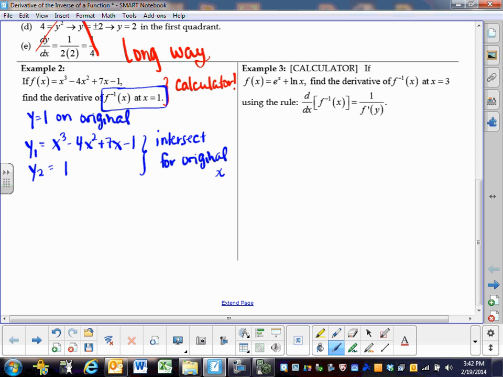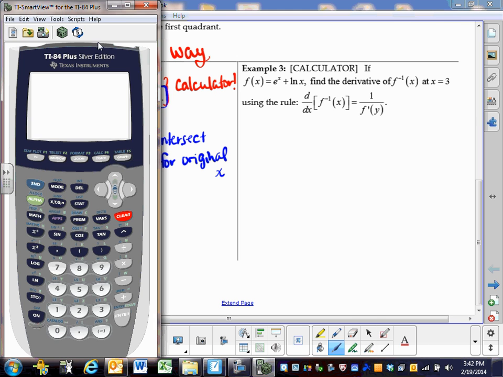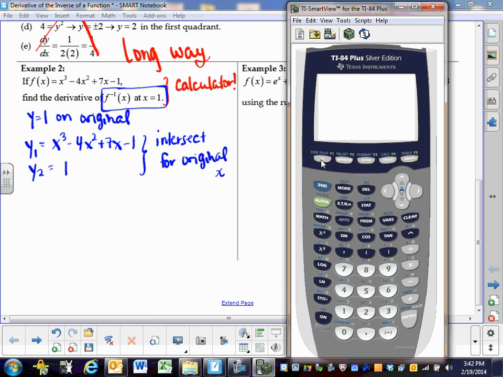Y2 is going to be 1, so that I intersect these and get the x value. And this will be the original x value, not the inverse value.